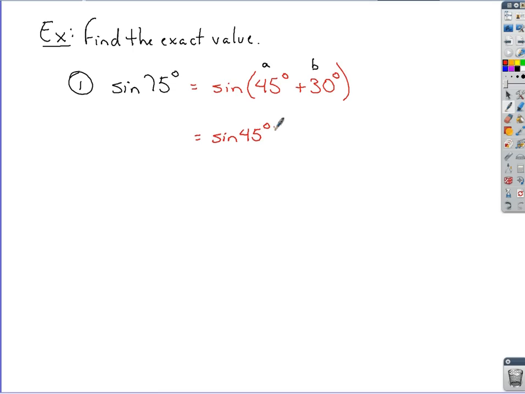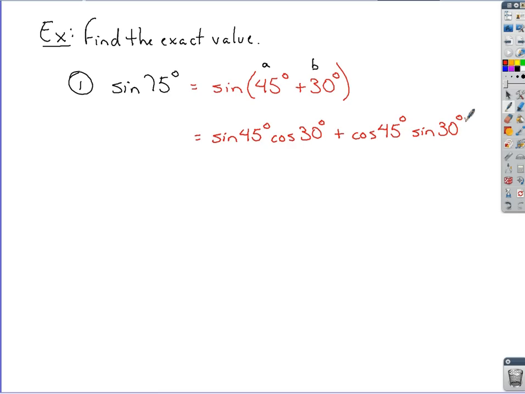Multiply that to the cosine of b, the cosine of 30 degrees. Add that on, cosine of 45 degrees, right? Because that'd be the cosine of a. And then we conclude that formula with the sine of b, sine of 30 degrees.